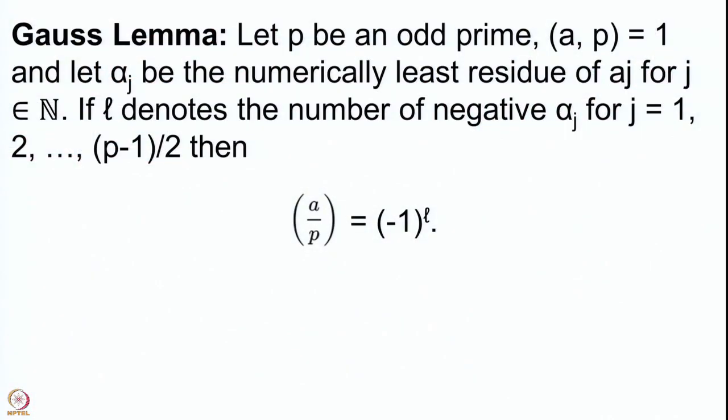If that number is L, then Gauss lemma says that the Legendre symbol a by p is minus 1 power L. It is a very powerful statement and it allows you to compute the Legendre symbol very easily, readily. So, let us do some computation and see whether we can apply this result.